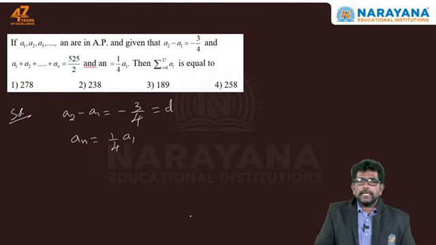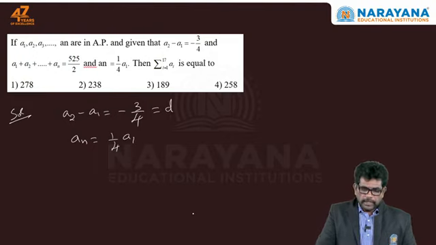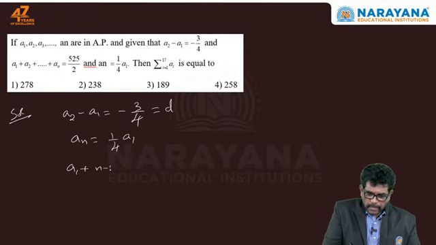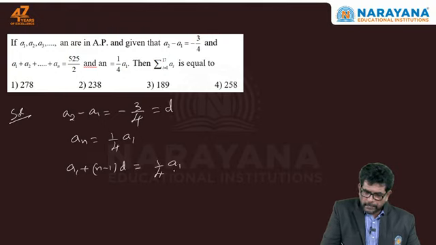Now, by using the nth term of AP, we are trying to establish the relationship between N and A1. That is AN formula, as we know, AN is equal to A1 plus N minus 1 times of D is equal to 1 by 4 times of A1.